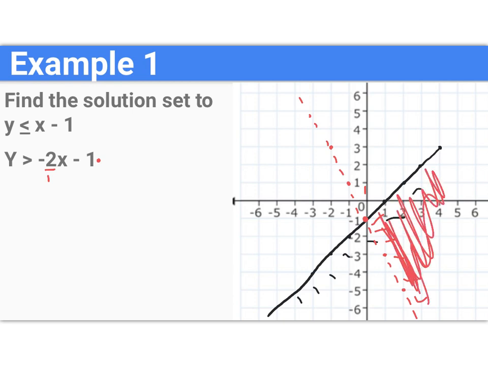All points in this shaded in area. Let me shade the area in a different color so it makes sense, because I'll do the algebra only on the first one. So let's shade the area in blue.